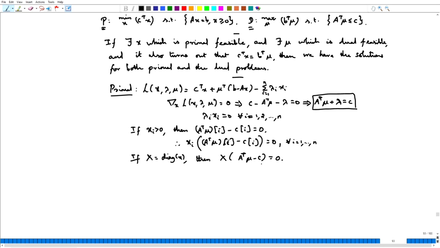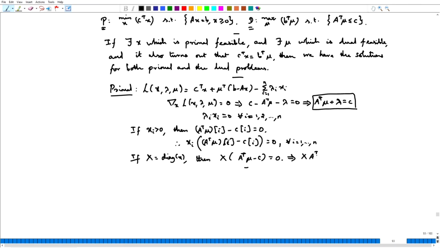If x and mu are the solutions of the primal problem, then capital X into (A transpose mu minus c) is equal to 0. But if x is not the solution, we are going to choose a mu such that this is satisfied in the least square sense. Let me possibly write that down.